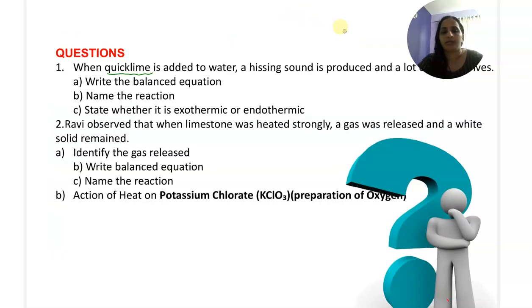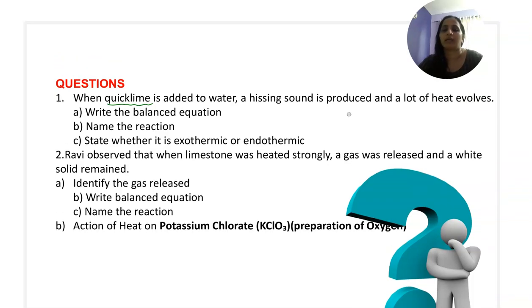So hope you understood this. Then one more question we will discuss. When quicklime is added to water, a hissing sound is produced and a lot of heat evolves. Write the balanced equation, name the reaction, and state whether it is exothermic or endothermic. Quicklime is calcium oxide.